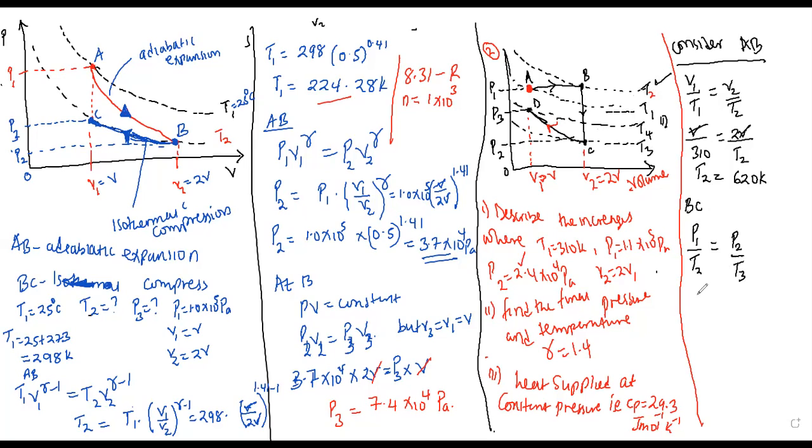So when you substitute, we shall have 1.1 times 10 to the power 5 over T2, which is 620, is equal to P2, which is 2.4 times 10 power 5, divided by T3. What answer do you get?